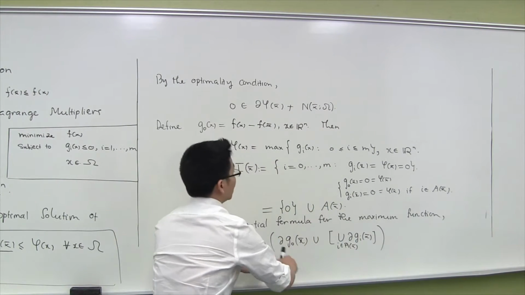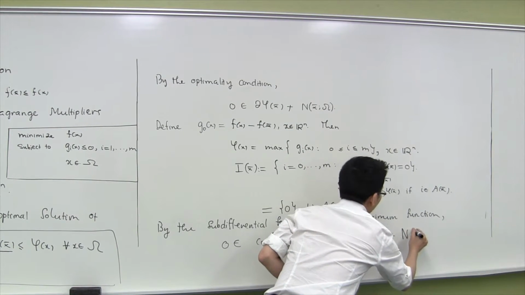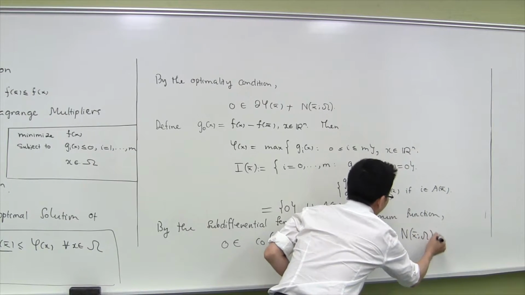This is the subdifferential of the function phi. And we add the normal cone to the set omega at x bar.